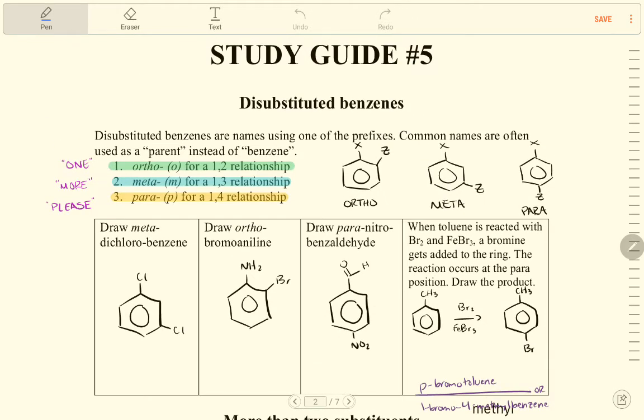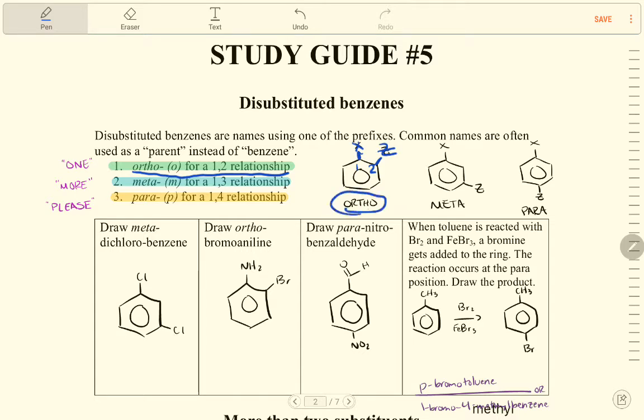Now disubstituted benzene. When there is more than one substituent on a benzene ring, we use ortho for a 1,2 relationship. This is the ortho position, with X and Z substituents on the 1 and 2 positions, for example.